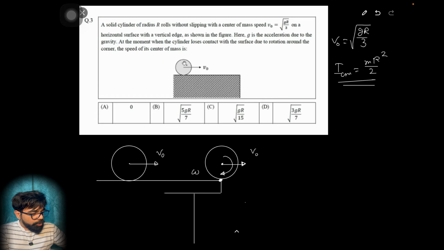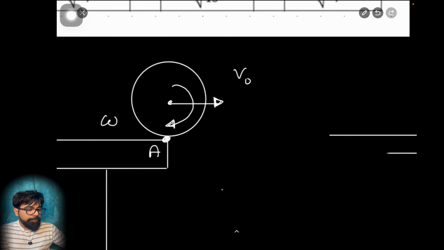Now when it is on the verge of losing contact, how will the free body diagram look? If I call this point A, point A will now come momentarily at rest and this rotating object, which is a cylinder here, is going to topple over at the edge.